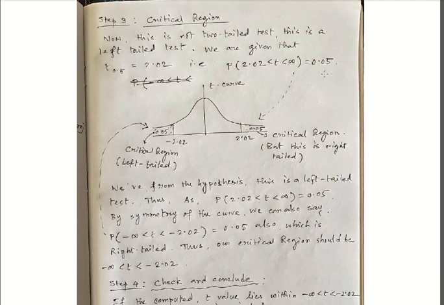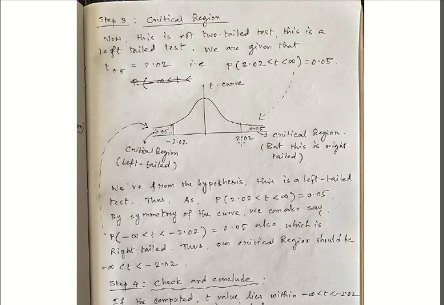So 0.05 means it is 5% level of significance. So at 5% level of significance, the value is already given as 2.02, so we don't need to find out anything. But this is a left tail test, and the value given, 2.02 to infinity, is the right tail critical region, but we need the left region. And we know the t distribution is symmetrical, just like the normal distribution, about the y-axis.